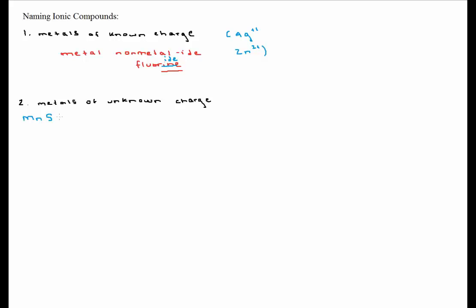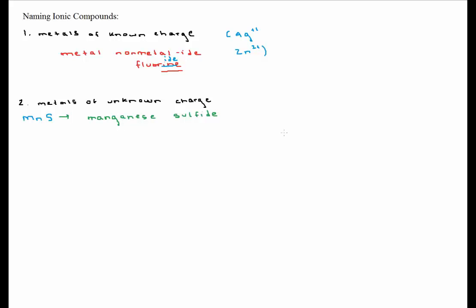And here's why. If I were to just write the name of manganese and sulfur together, based on what I did up above, it would be manganese sulfide. Now, here's the issue. I don't know the charge of manganese.